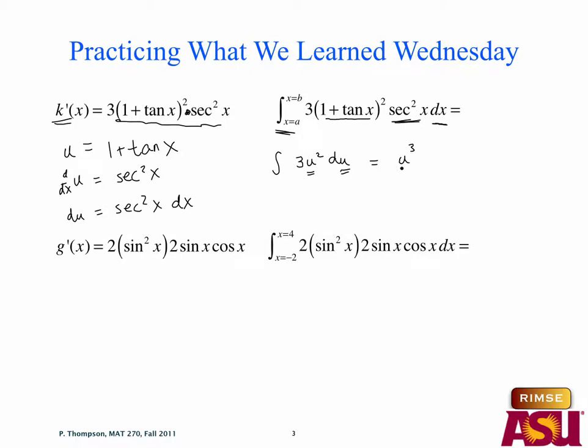The derivative of u to the third is 3u squared, which means u to the third is an antiderivative of 3u squared. Okay. Now, if we're being super formal about it, we'll write the plus c, right? But remember, we started this problem in terms of x, so let's end it in terms of x, right? So u was 1 plus tan x. So this is really (1 plus tan x) to the third plus some constant.